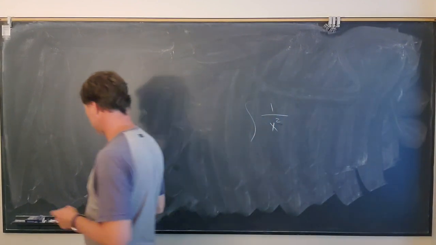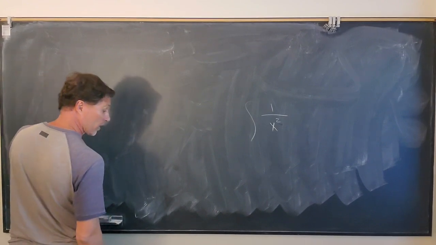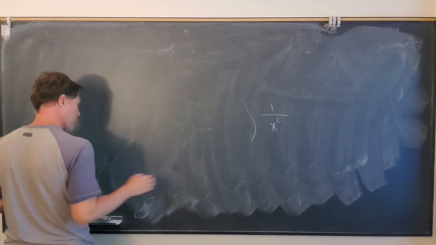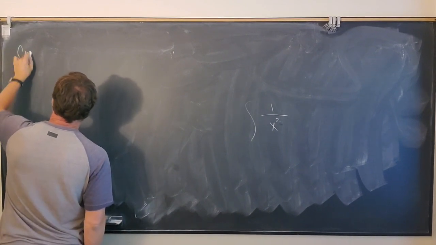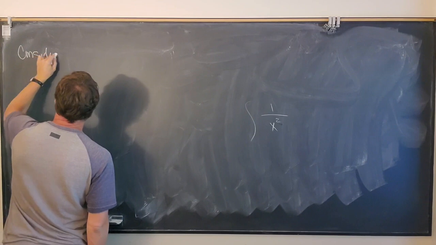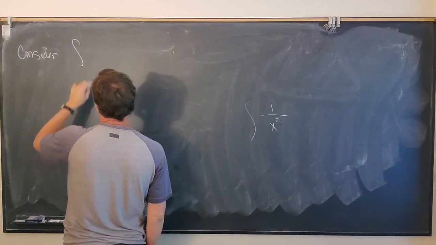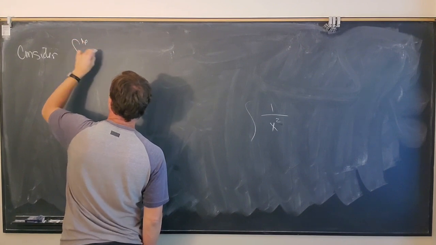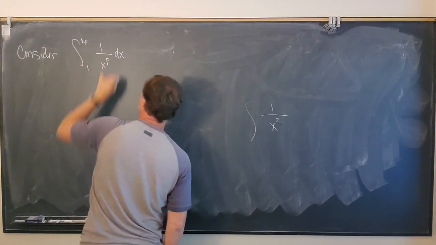Clearly we get convergent sometimes and divergent other times. So let's find out what the cutoff is. So let's consider the integral from 1 to infinity of 1 over x raised to the pth power dx.